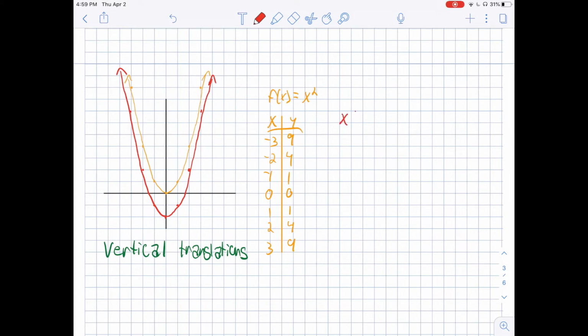So building an XY table, we didn't change our x values at all, but all of our y values were subtracted by 2. So 9 is now 7, 4 is 2, 1 is -1, 0 is -2, and so on. Our old function was f of x equals x squared.